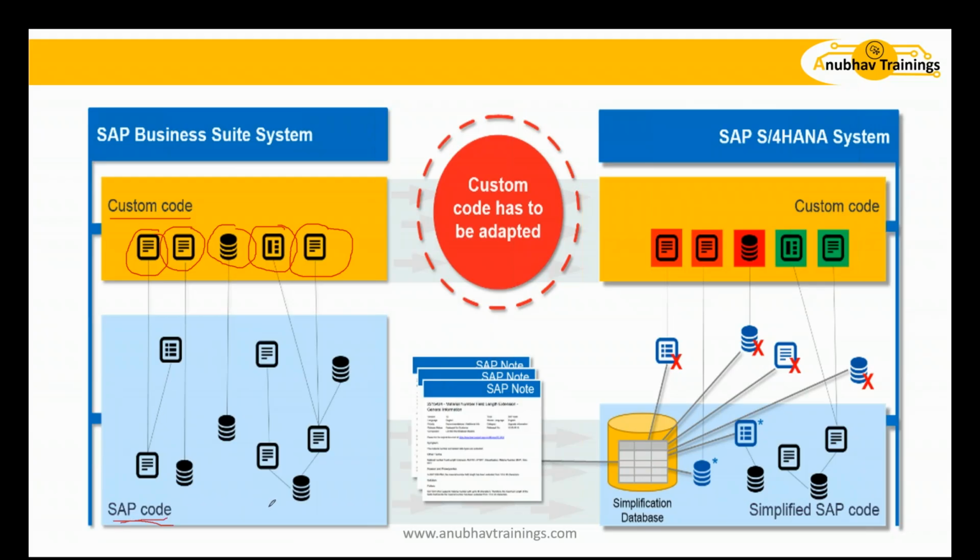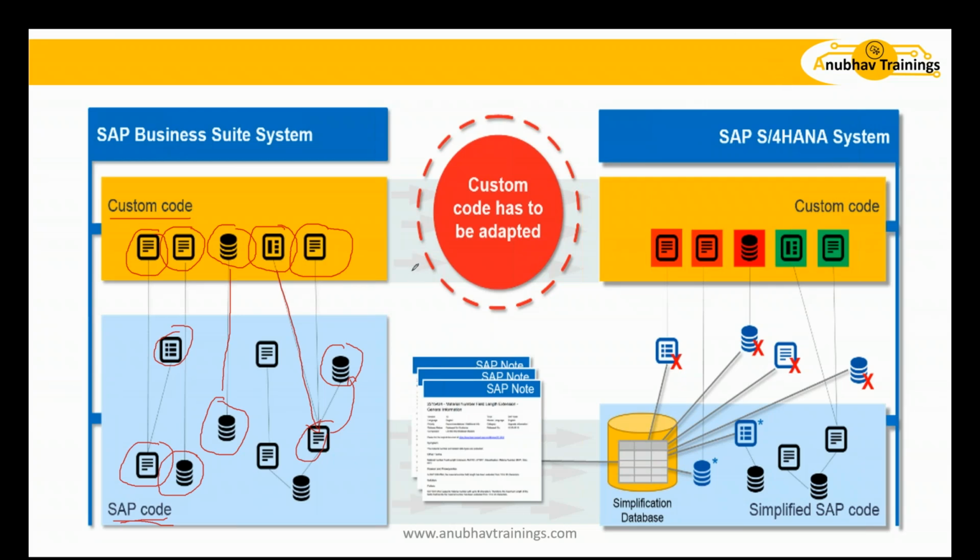Many of you have built your custom code on top of standard SAP code, like using standard programs, standard function modules, standard tables, or your tables are extending standard structures. And then there are some programs which are using other programs which are then using the tables. So this is the situation today. Our code is very tightly coupled with the standard code.